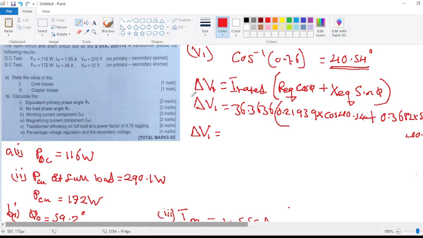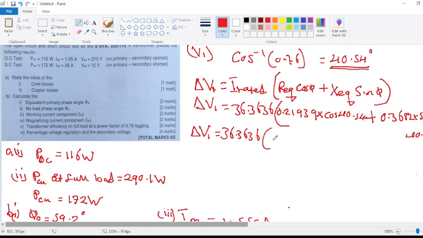Okay, so now if we perform the calculations nicely for the voltage drop on the primary side, let's go step by step. We have 36.3636 in brackets. What is 0.2193 multiplied by cos 40.54?